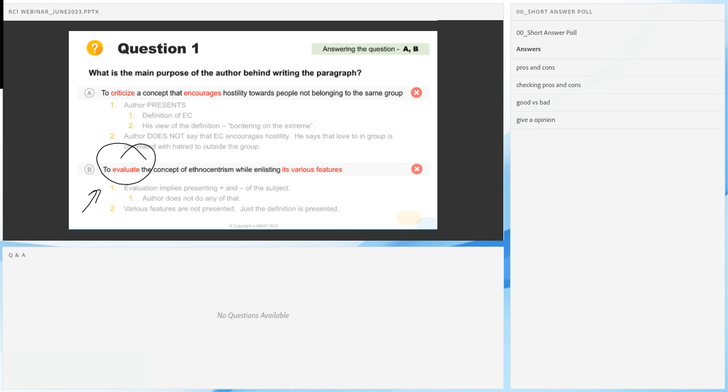Those are features of a smartphone. The author really defines what EC is. It doesn't explicitly list its various features, even though it may seem like all of these things are correlated with that. That's the very definition of EC. There could be lots of other things which are features of EC. Okay, people who chose choice B, can you really see why it's wrong, both because of evaluation and this piece over here?